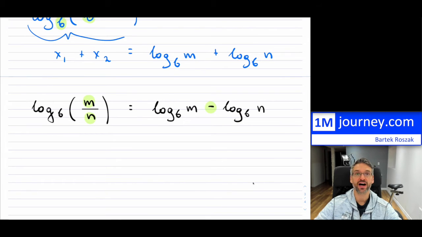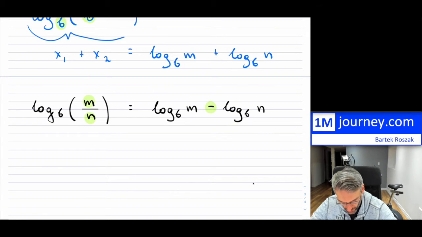When you are dividing, you subtract the exponents. Now we're taking the inverse, so we're working with logs here, but it might be easier to remember that when you divide two numbers, it's the same thing as taking the subtraction of the logs of the individual numbers that you have, in this case m and n.